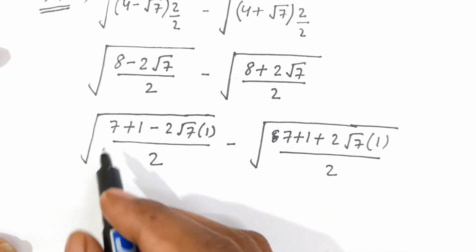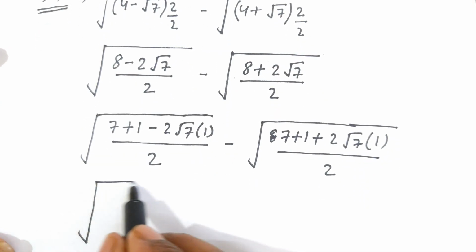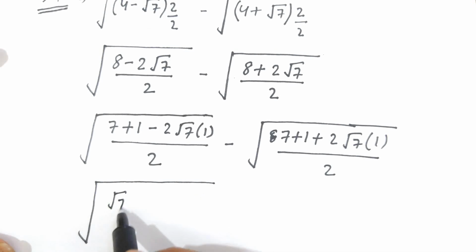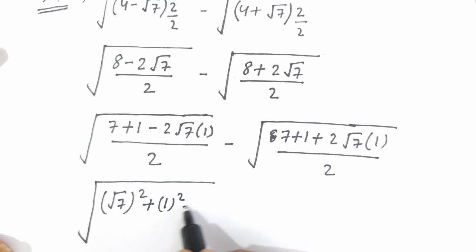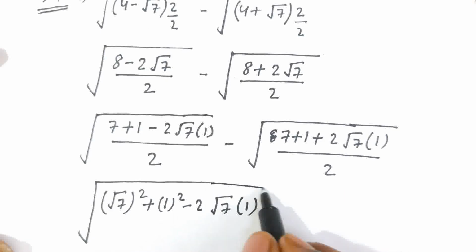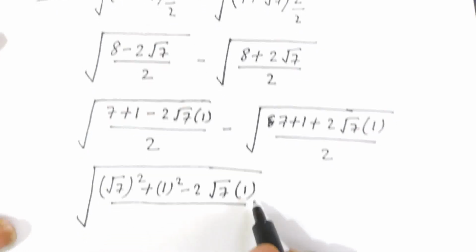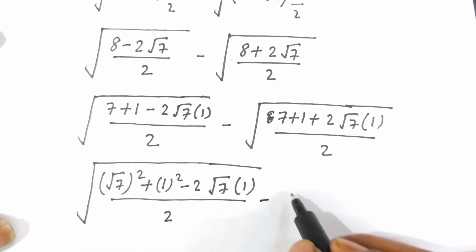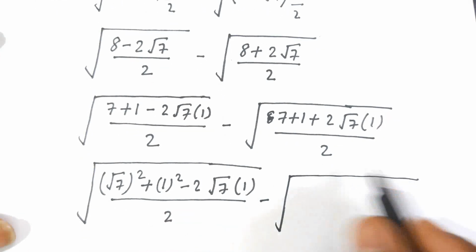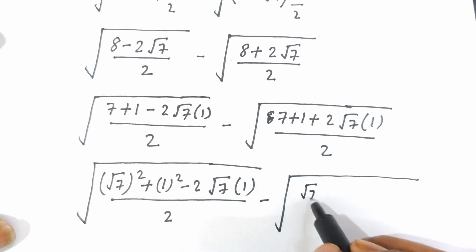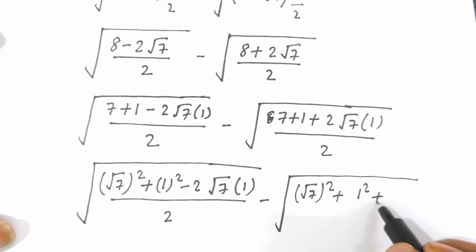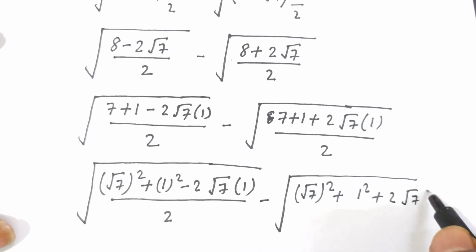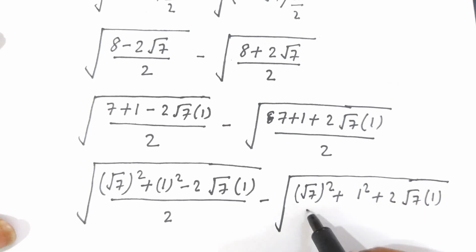Now this 7 is same as square root of 7 whole square, plus 1 is same as 1 square, minus 2 times square root of 7 times 1 and divide by 2, minus square root of this 7 is same as square root of 7 whole square plus this 1 is same as 1 square plus 2 times square root of 7 times 1 and divide by 2.